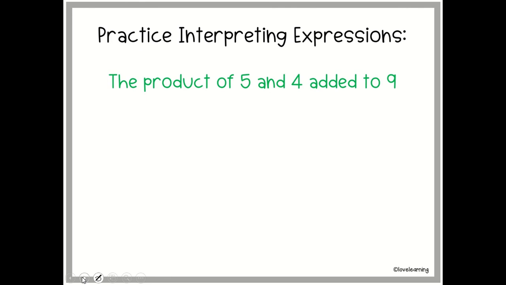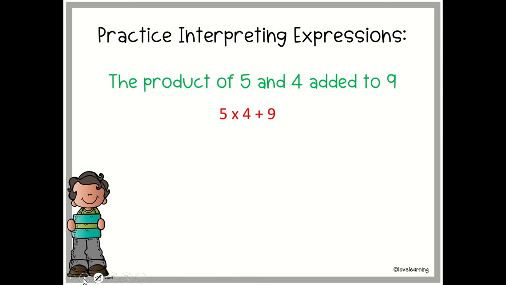It says the product of 5 and 4, so that means 5 times 4. And then it says added to 9. So I would simply add that 5 times 4 to 9. So that's what your answer should look like.